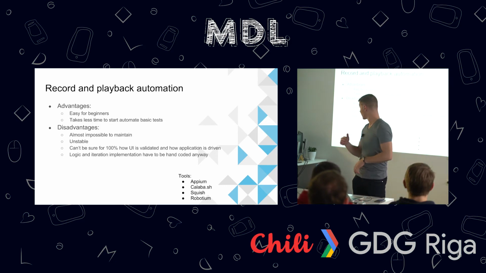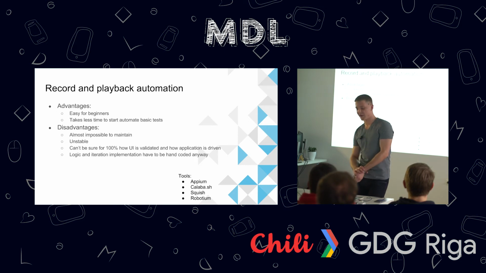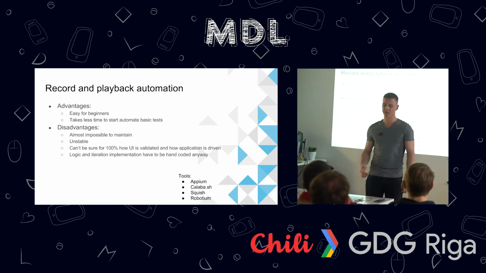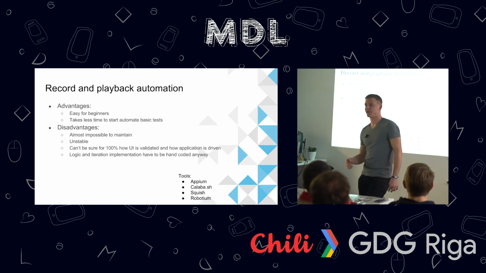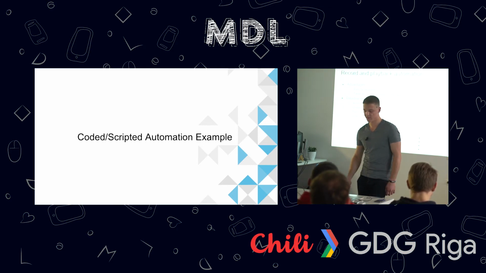As you can see in the example, there are only a few actions in spaghetti code, and if you have to fix this kind of code when there is some change in the application, it won't be possible. It's also hard-coding all the positions for the elements, and it won't run on different phones. It might run sometimes, but mostly it won't. So these kinds of tools are very good for projects where the application is not released very frequently, or the life cycle of the application is not very long.